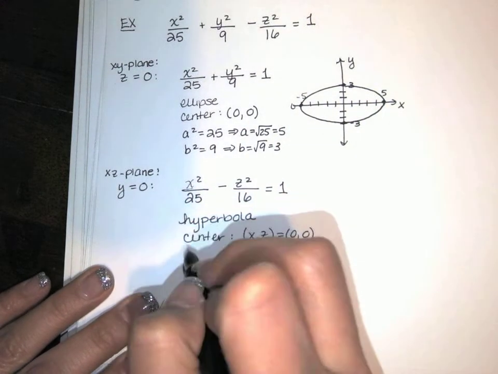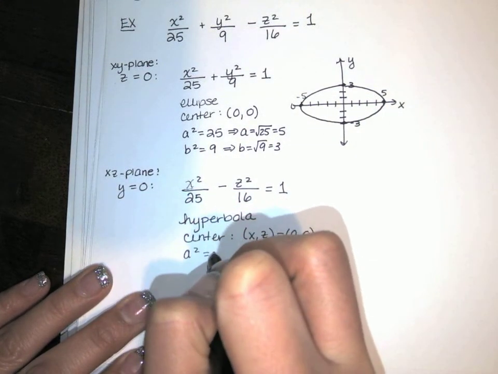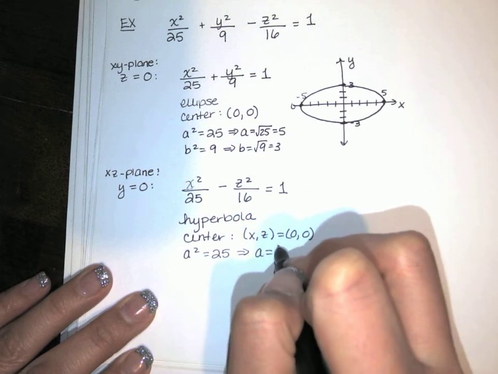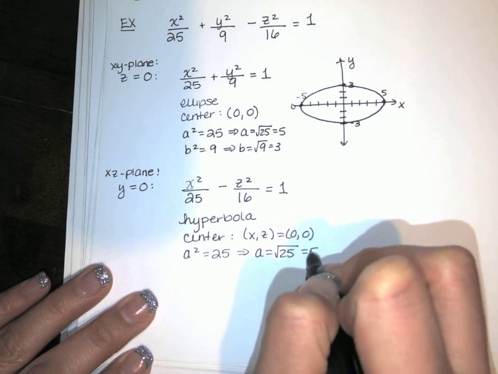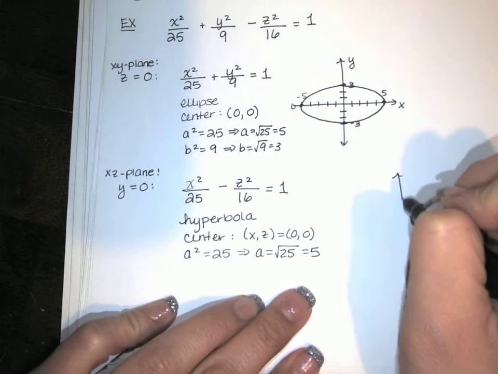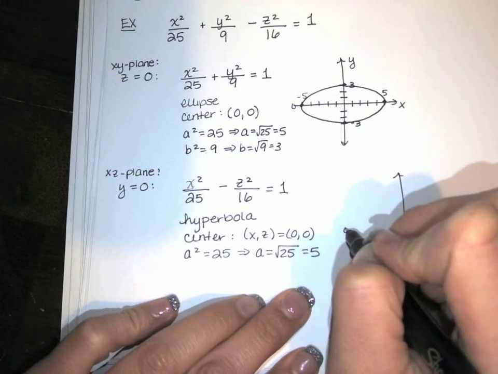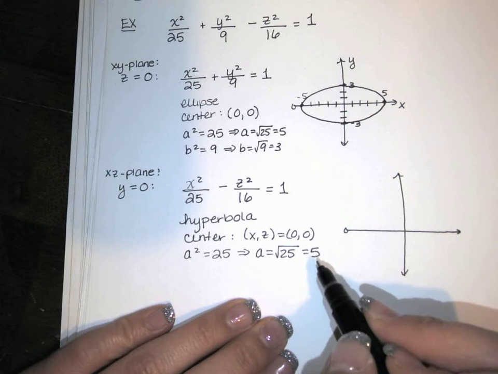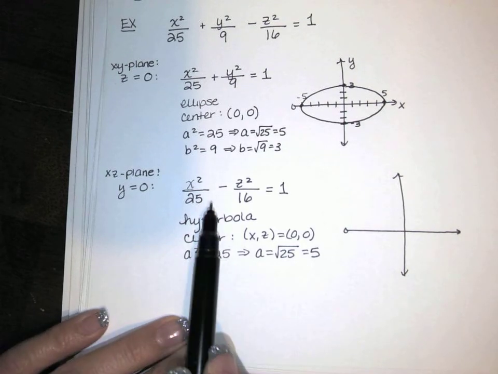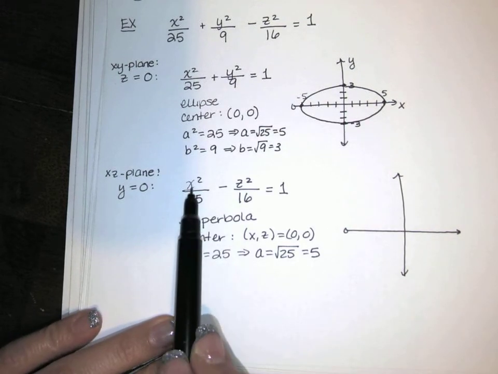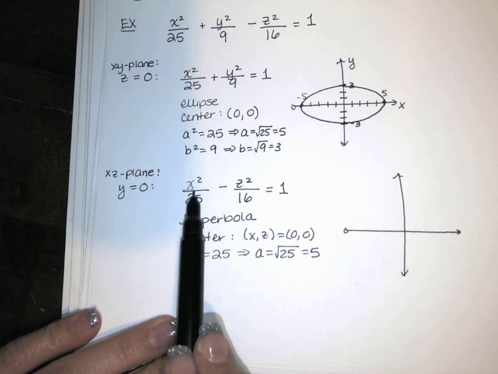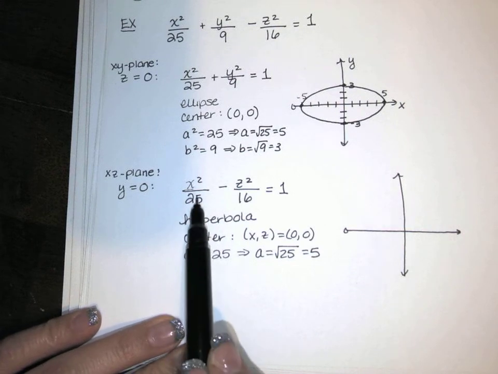So we're going to call 25 a squared. Take the square root to get 5. Just like before, that tells us we're going to go plus and minus 5 units in the x direction, because this is x squared over 5 squared. Since it's under the x, we go plus and minus 5 units in the x direction.